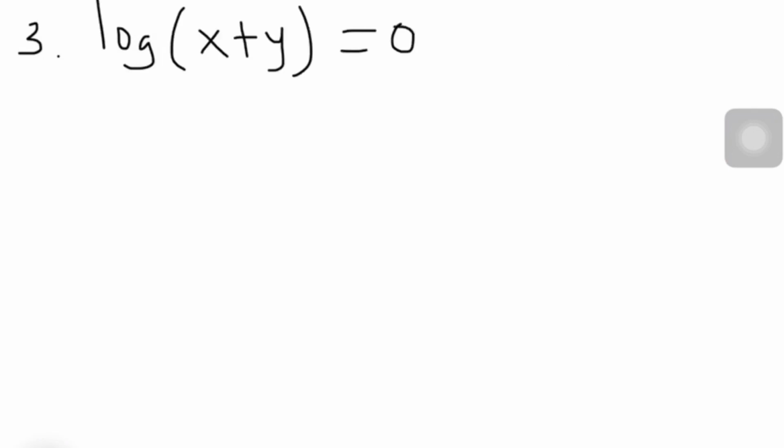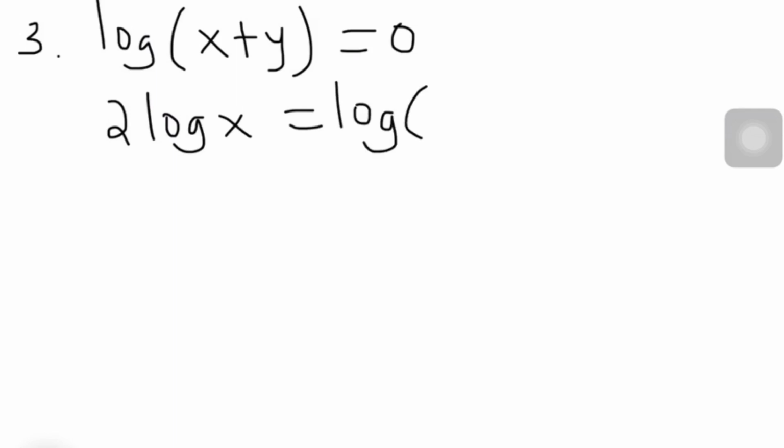In example number 3, we have log of x plus y is equal to 0, and then 2 log x is equal to log of y plus 1. We have a log here, log something, and here we have a 0.